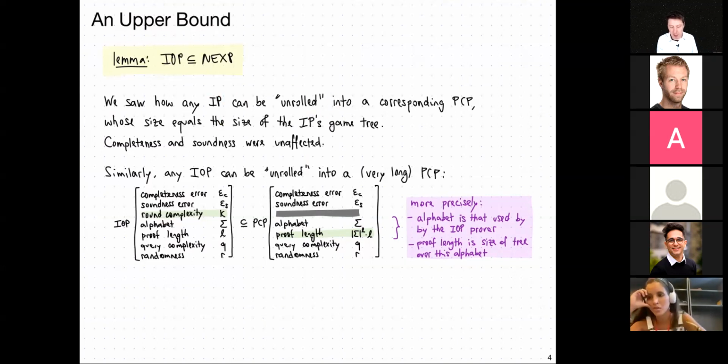So you open up the whole interaction, just like you did up here, except that when simulating the IOP verifier within the PCP verifier, rather than reading messages from the prover entirely, you're going to query into them. You go to the part of the tree where you find an oracle, and instead of reading that oracle in full, you read whatever queries you needed from it. Nothing else really changes.